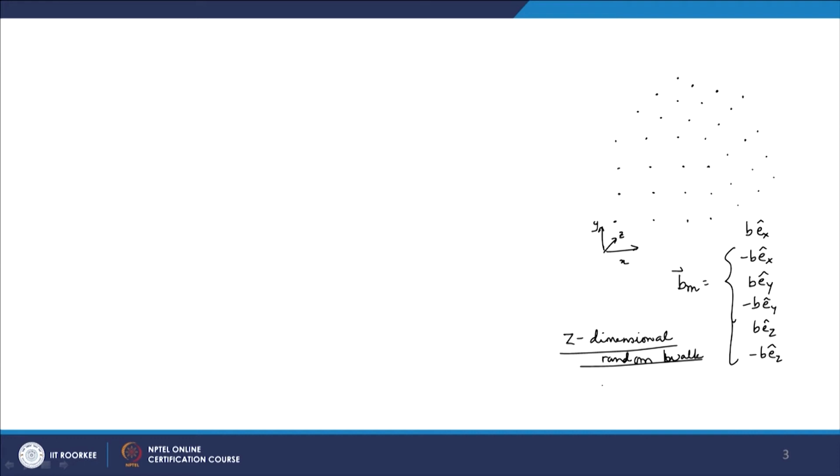we have many of these possibilities, which in this case will be that at every point I can go in z possible directions.